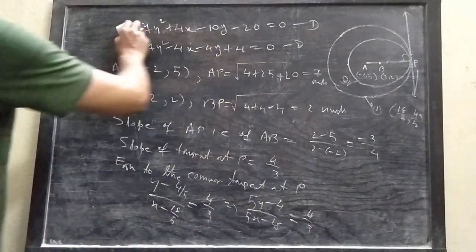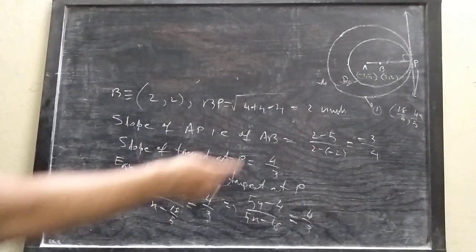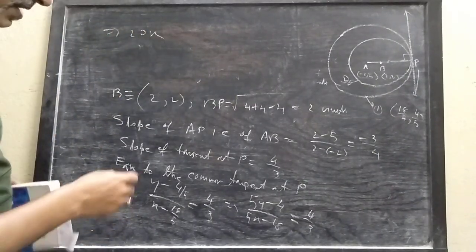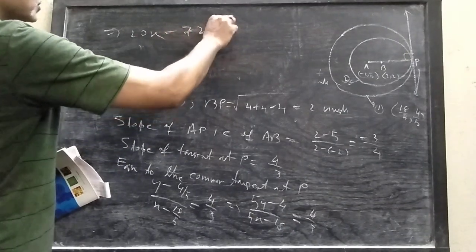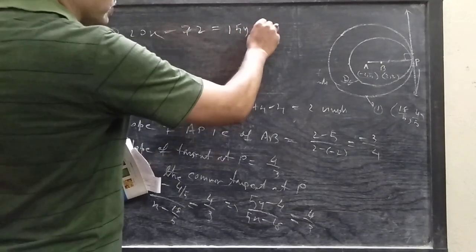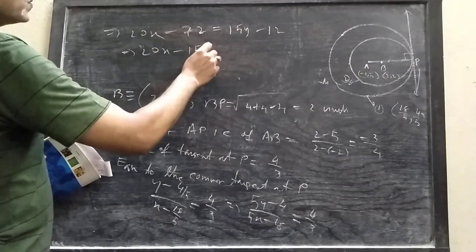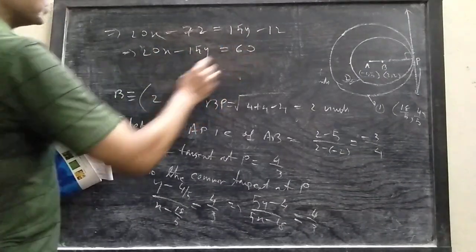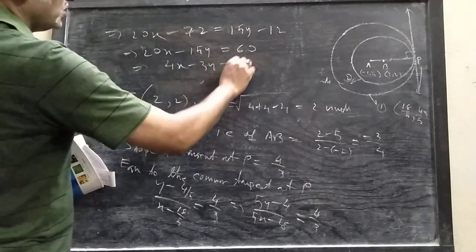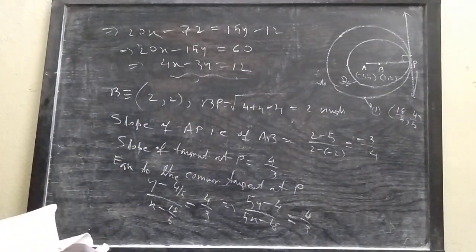Now I am erasing this part. 4 5 is 20x, 20x minus 72 equals 15y minus 12. So this will become 20x minus 15y equals 60. If you divide both sides by 5, we get 4x minus 3y equals 12. This is the equation to the common tangent: 4x minus 3y equals 12.